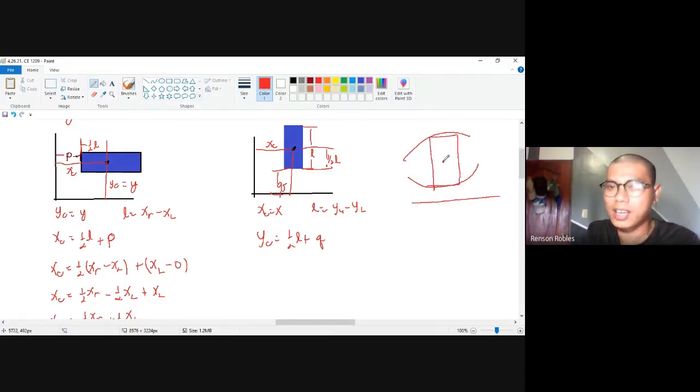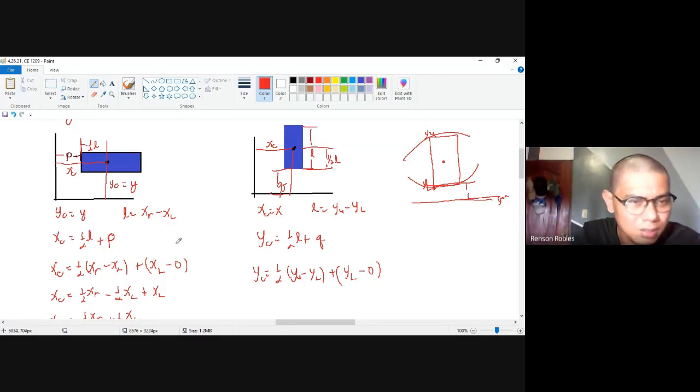X-axis. Ito ay Y upper, Y lower. So that's YC is 1/2 Y upper minus Y lower plus Q. Ang Q natin is from here, which is Y lower minus, what is this? Y equals 0.